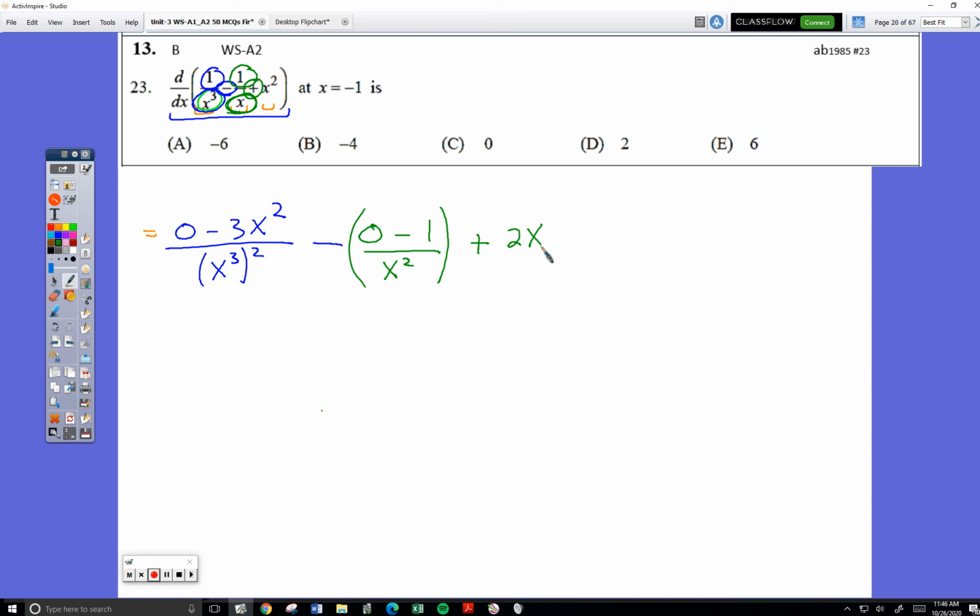Clean it up a little bit. So this is equal to x cubed squared is really x to the 6th. The top is factored. The bottom is also in factored form. Therefore, division is legal. Minus a minus is a plus.